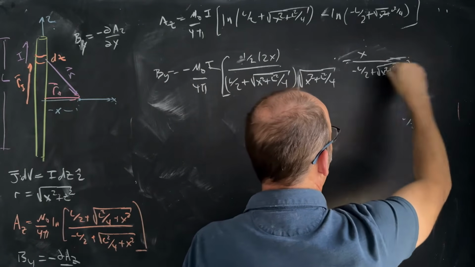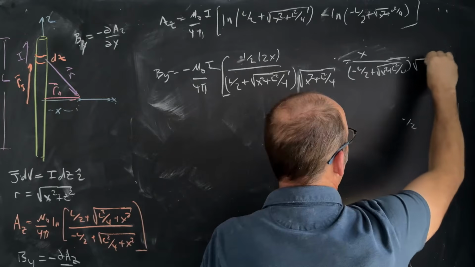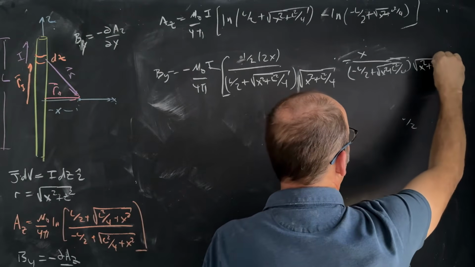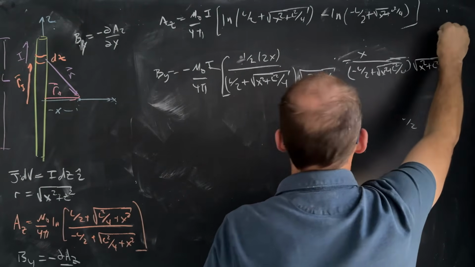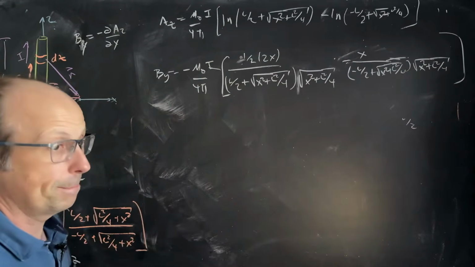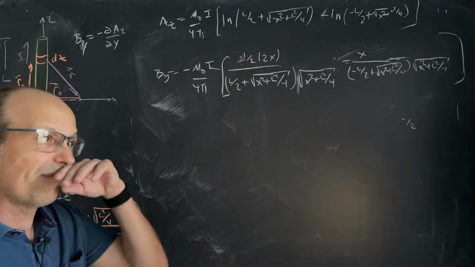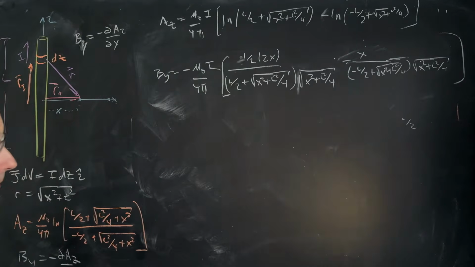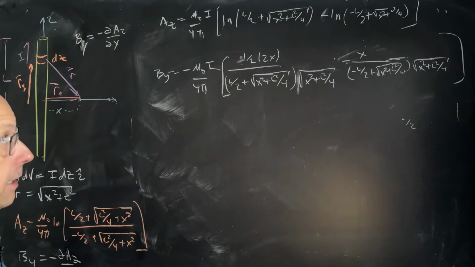And then again, all of that multiplied by the square root of x squared plus L squared over 4. It's a mess. Okay, I might make a mistake here.